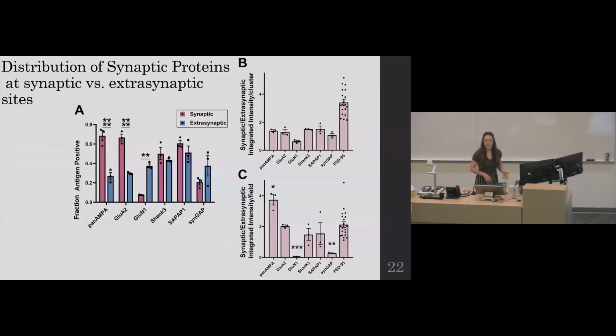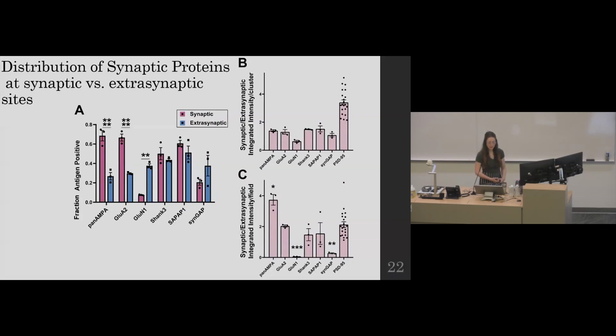I again quantified these images using Arivis. This first graph shows the fraction of synaptic versus extrasynaptic sites that are positive for each antigen of interest. A two-way ANOVA showed significant differences between antigens as well as between synaptic versus extrasynaptic sites.